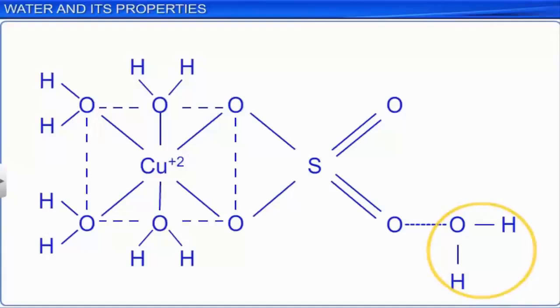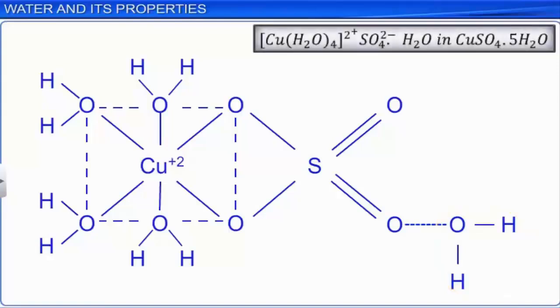For example, in CuSO4·5H2O, one water molecule is hydrogen bonded to sulfate ion, and the other four molecules are coordinated to give [Cu(H2O)4]2+ [SO4·H2O]2-.